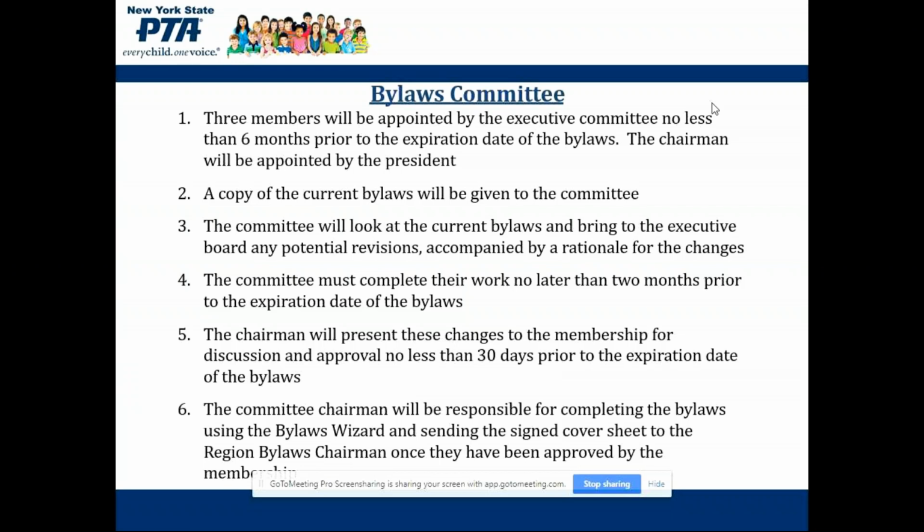And then lastly, the chairman will be responsible for completing the bylaws using the bylaws wizard, and sending the signed cover sheet to the region bylaws chairman once they have been approved by the membership.